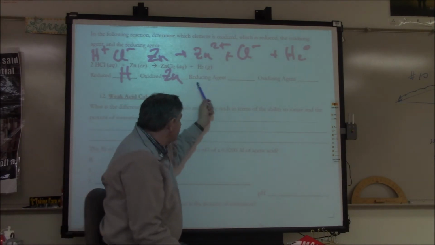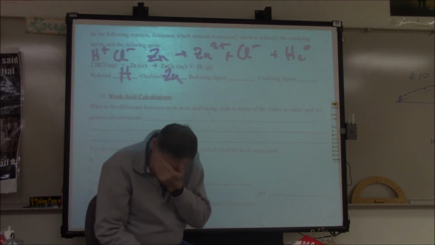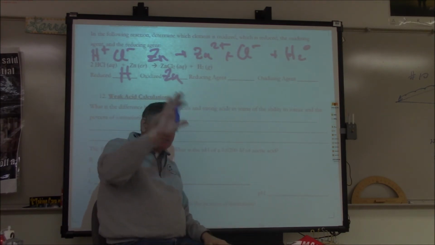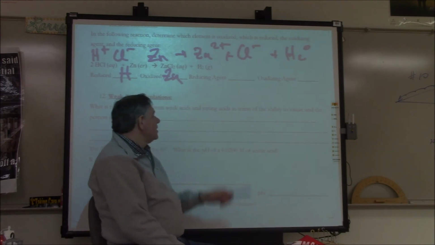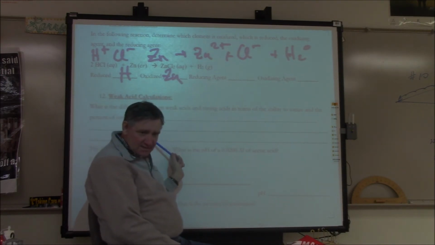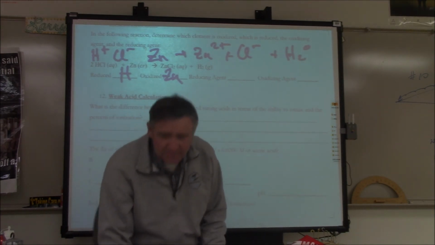Now, let's talk about reducing agents and oxidizing agents, because this tends to give kids fits. Your reducing agent, and here, like I said, we're going to talk a whole unit on this. I'm just kind of planting this seed. Reducing agents contain what is oxidized. Oxidizing agents contain what is reduced.